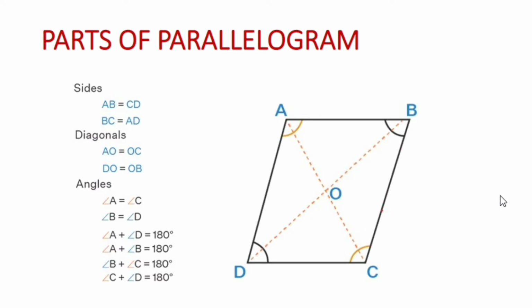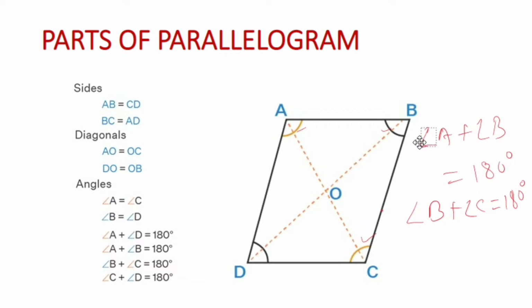You see, we have discussed above that angle A plus angle B equals 180 degrees, and angle C plus angle B equals 180 degrees. We have seen here above angle A plus angle B equals 180 degrees. Angle B plus angle C equals 180 degrees.